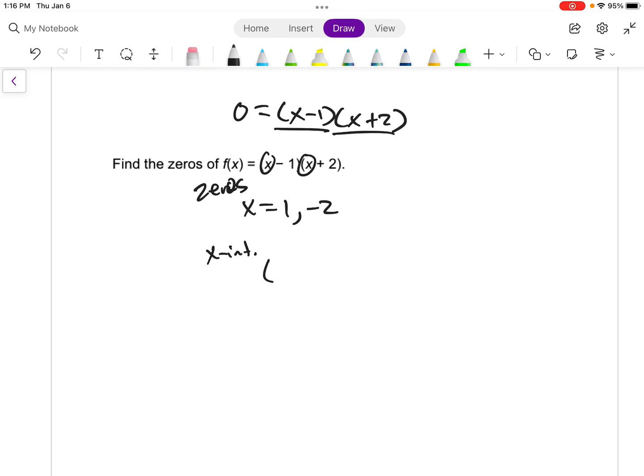So I would say the x-intercepts are at (1, 0) and (-2, 0). So the x-intercepts are points. The zeros are just the x values. They're just what you plug in. But they're connected. They're the same thing, right? 1 and -2, 1 and -2. So when they say find the zeros, we're going to do the same process, find what the x-intercepts are, and those are going to be your zeros.